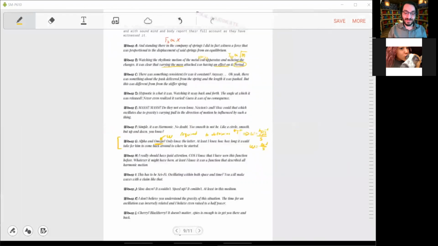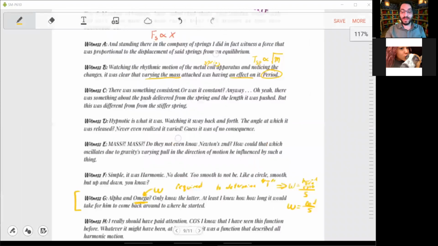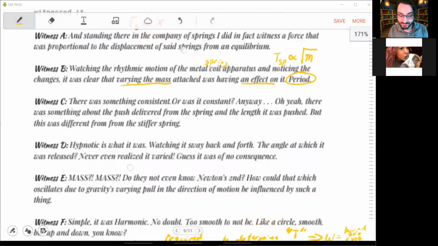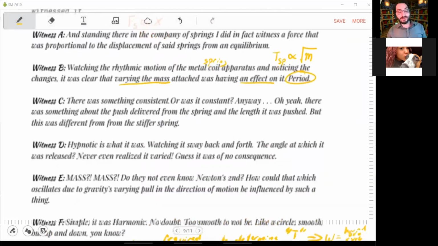C. There was something consistent about it, or was it constant? Anyway, there was something about the push delivered from the spring and the length it was pushed, but this was different from the stiffer spring. This is about K, the spring constant, the stiffness coefficient.